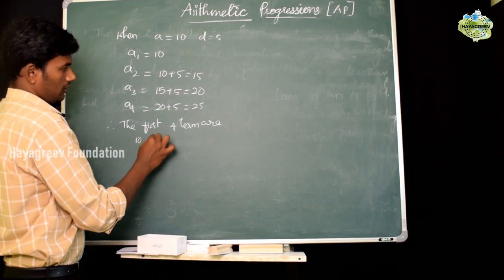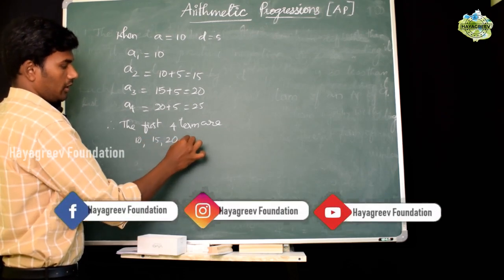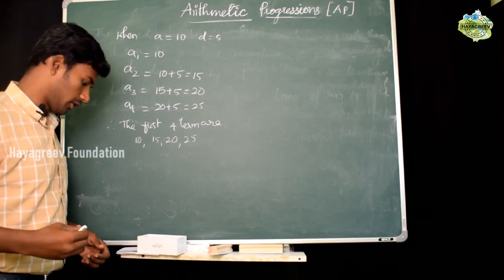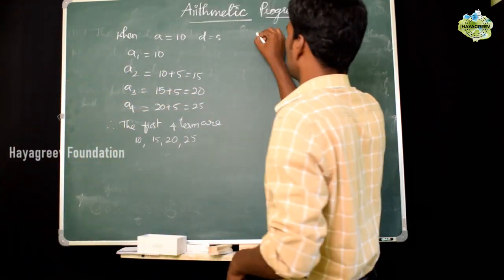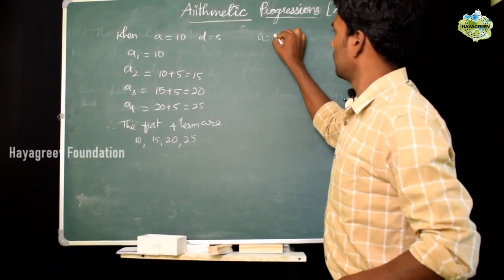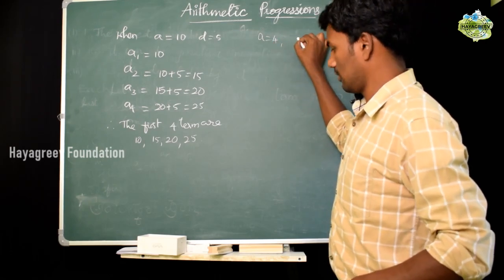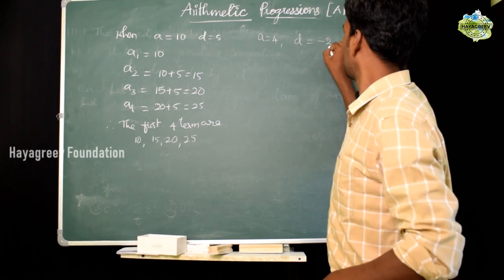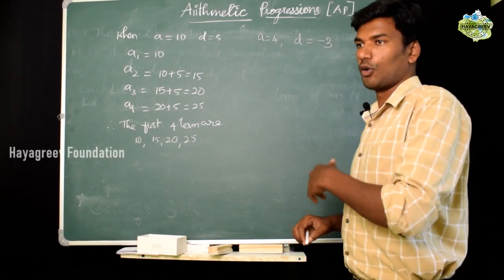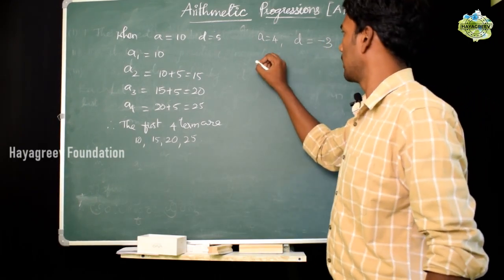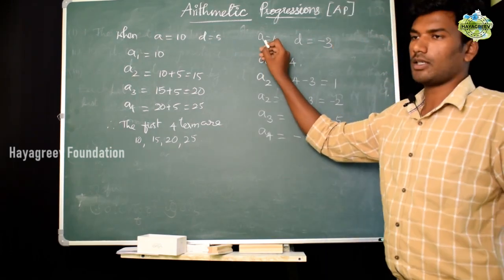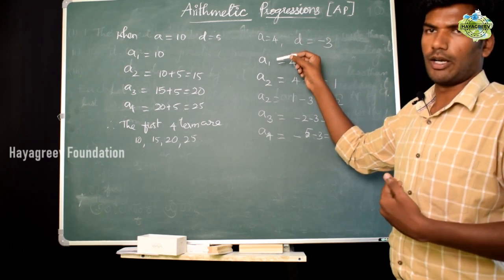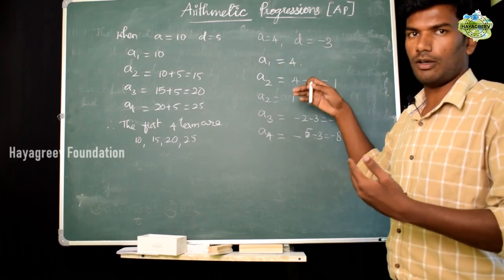are 10, 15, 20, 25. One more example: when A is 4 and D is minus 3. So, in this case A1 is 4 and D is minus 3. By the definition of AP we know that we have to add the fixed value.